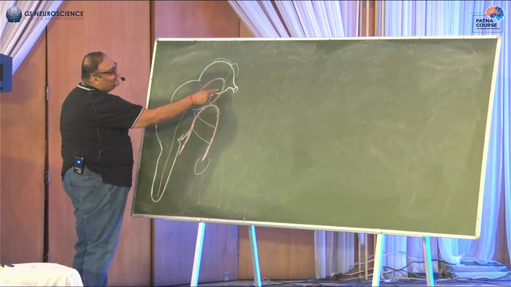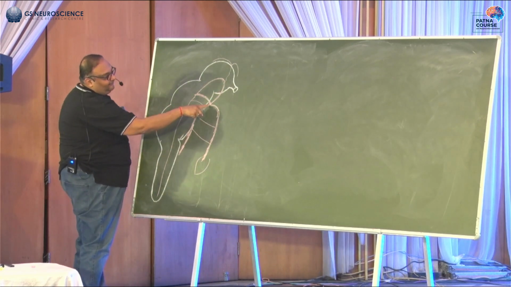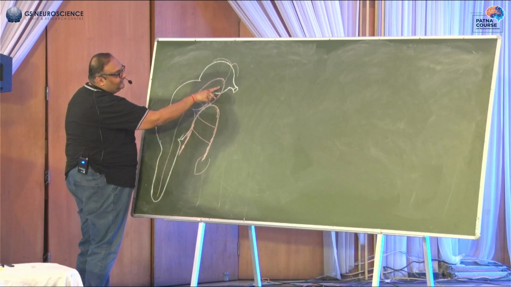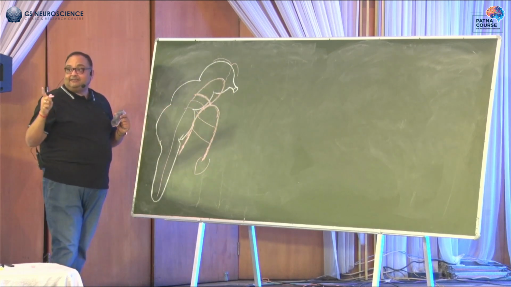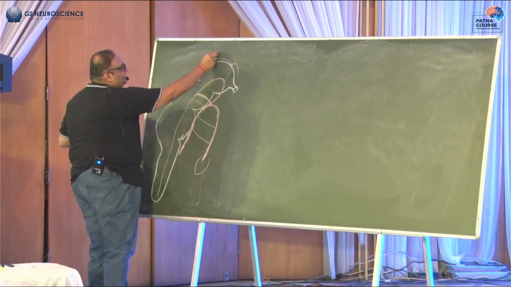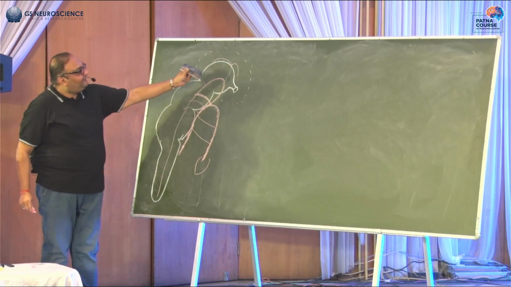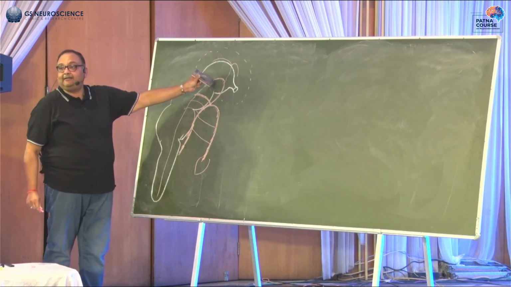Therefore, this artery, the artery that has originated from the dorsal aorta, is the one which is destined to supply the forebrain. Because now this is the forebrain vesicle. So the entire forebrain vesicle is going to be supplied by this vessel.